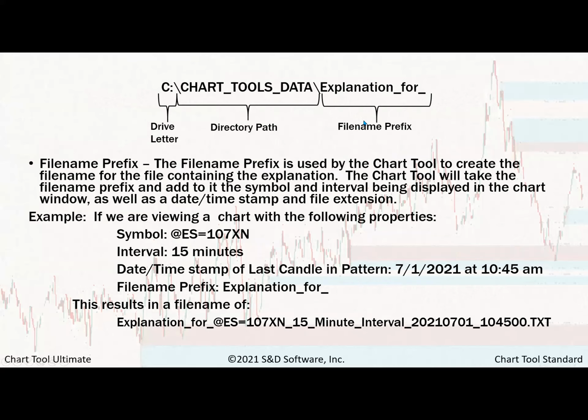Now, the file name prefix, again, is essentially going to be the start of the file name. So let's see how the chart tool is going to build a file name.